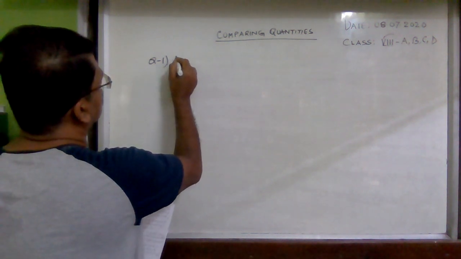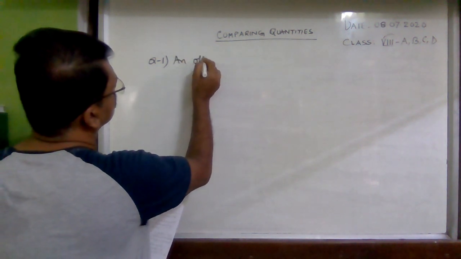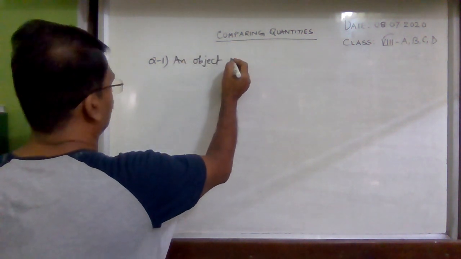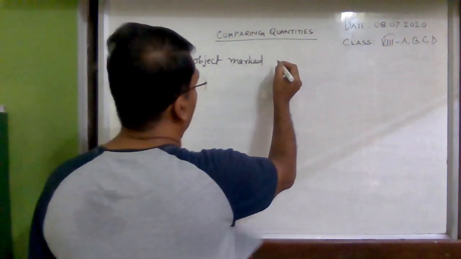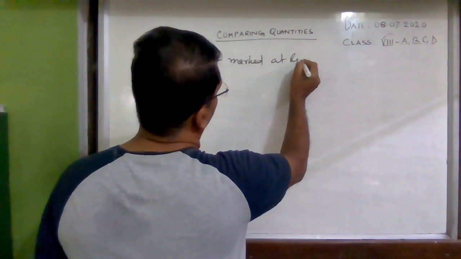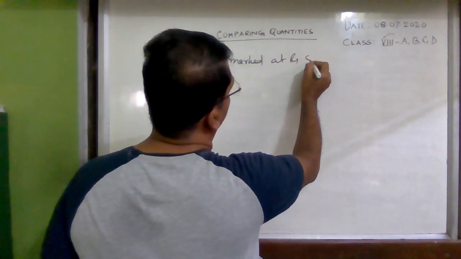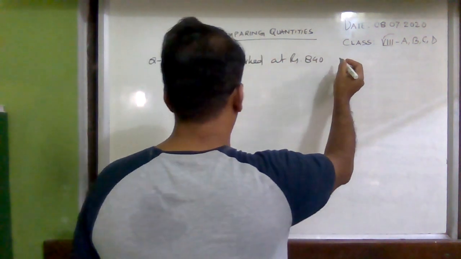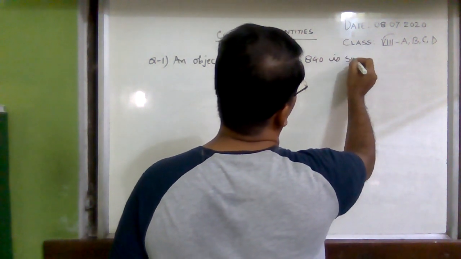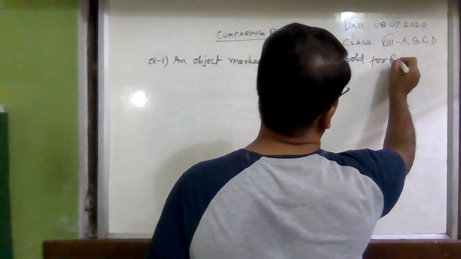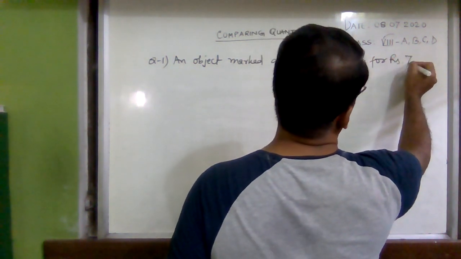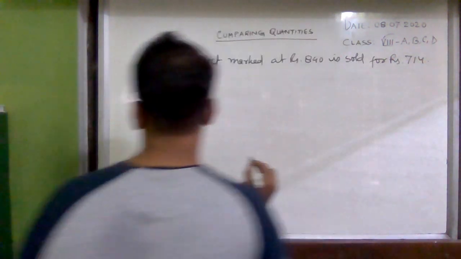An object marked at rupees 840 is sold for rupees 714.